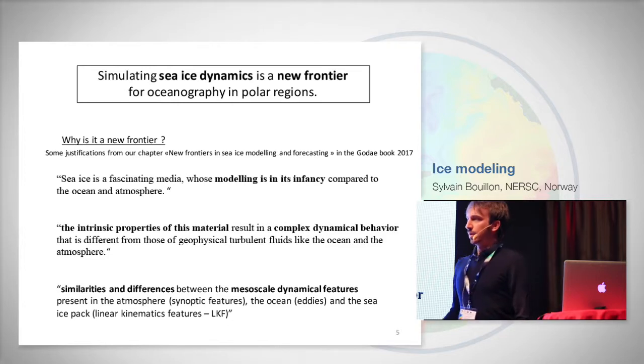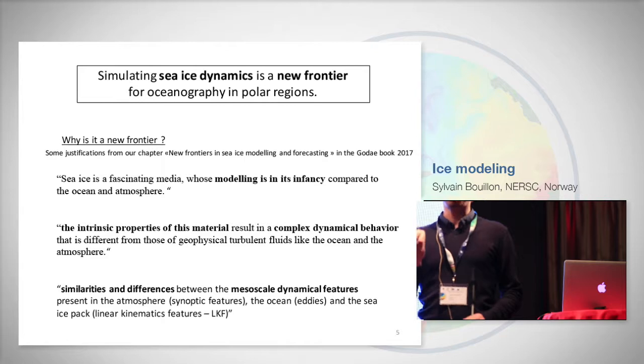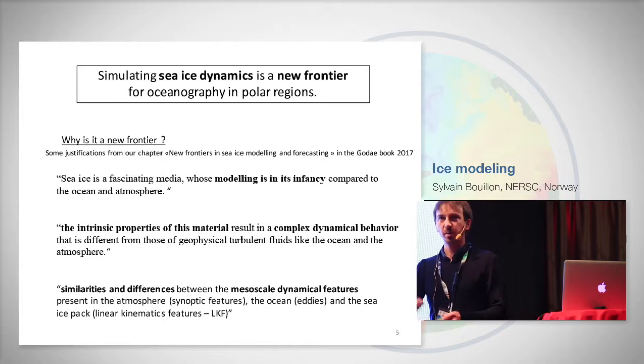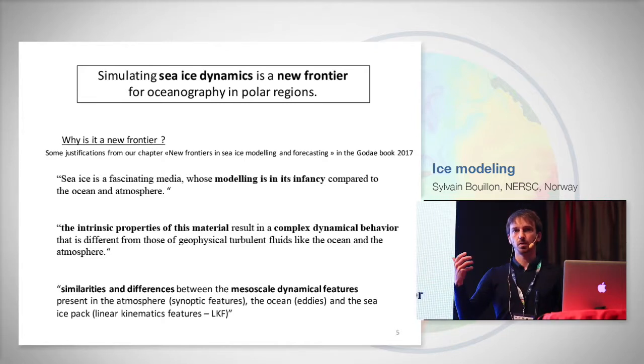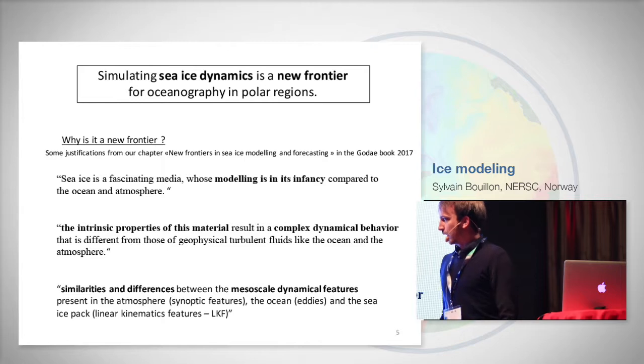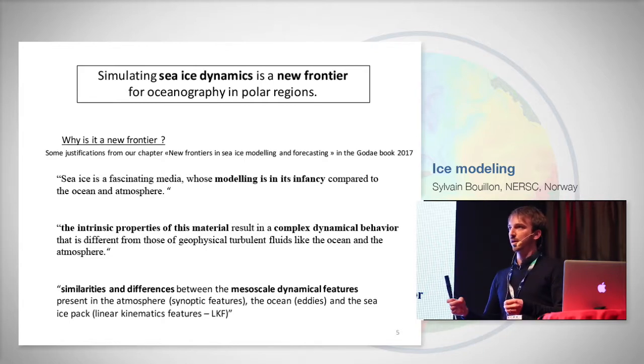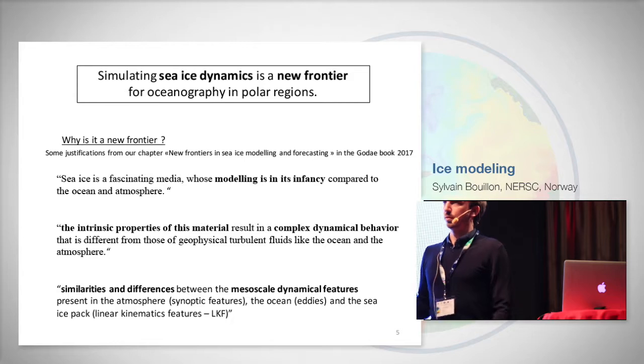Then the second reason is that the material properties of the sea ice are very specific and explain a large part of the nonlinear and complex behavior of the ice pack. And then the third reason is that it's only recently that people have looked at mesoscale sea ice dynamical features.